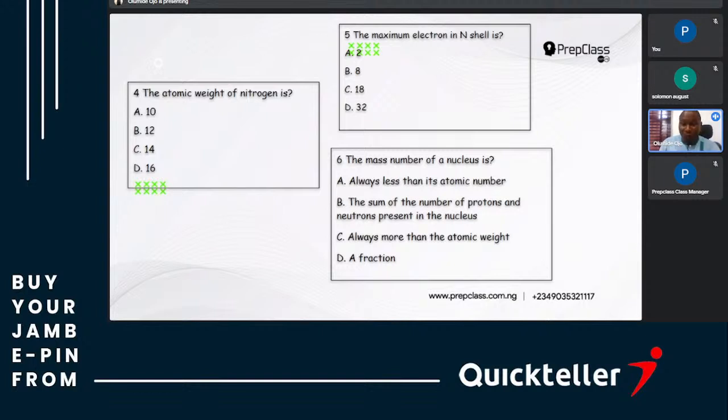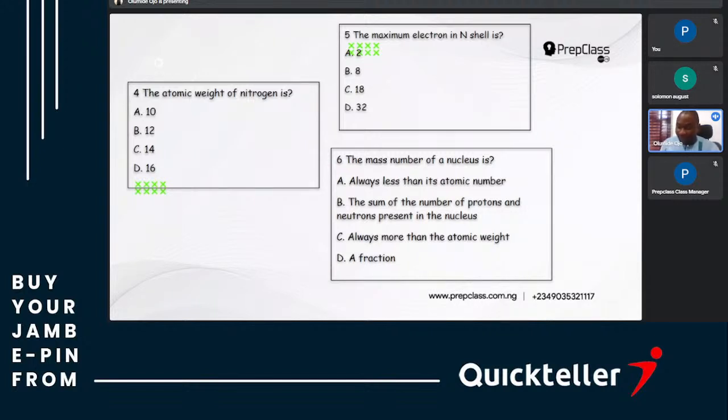In the L shell you have -1, 0, and 1. Each one has 2, making 6, plus the 2 of the K shell, making 8. In the M shell, you have -2, -1, 0, 1, and 2. Each one has 2, that's 10, plus the 8 you had before, that's 18.